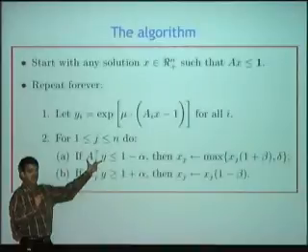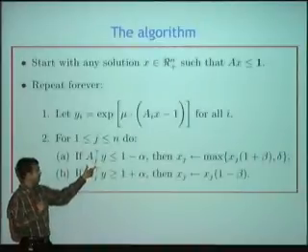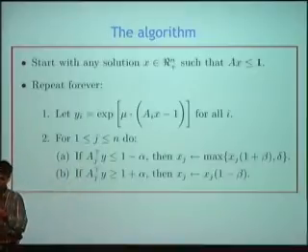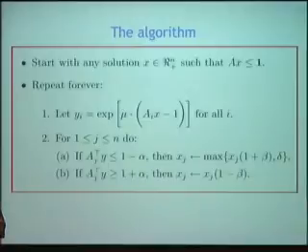I see. But aren't you using both the column and the row here? No, so aj transpose y really indicates the jth entry in A transpose y. So aj transpose is really the jth column of A. That's the dual constraint corresponding to the jth primal variable.